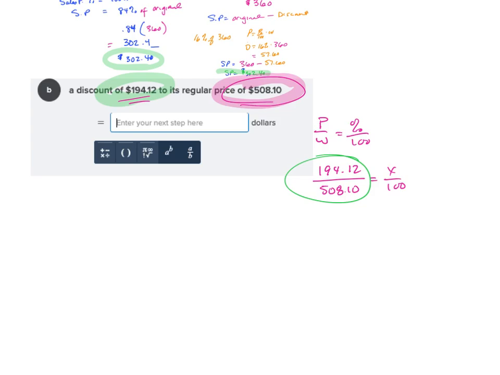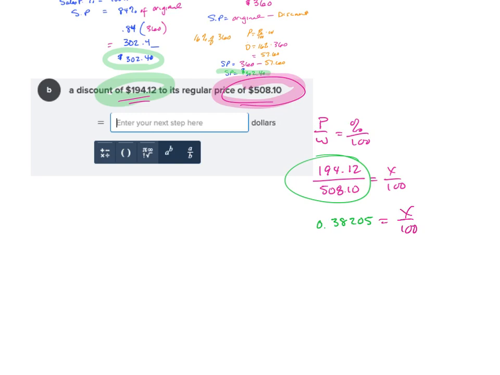Okay, so when I take 194.12 divided by 508.10, I get that that's going to be 0.38205, and it keeps going on, okay? But I don't need to go any further than this because I'm just trying to figure out the percent, right? Equals x over 100.